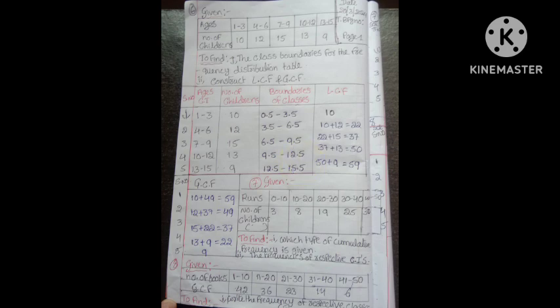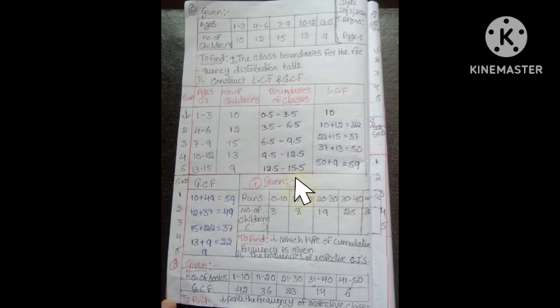The fourth class interval 10 to 12 has boundaries 9.5 and 12.5. The fifth class interval 13 to 15 has boundaries 12.5 and 15.5. These are all the class boundaries.